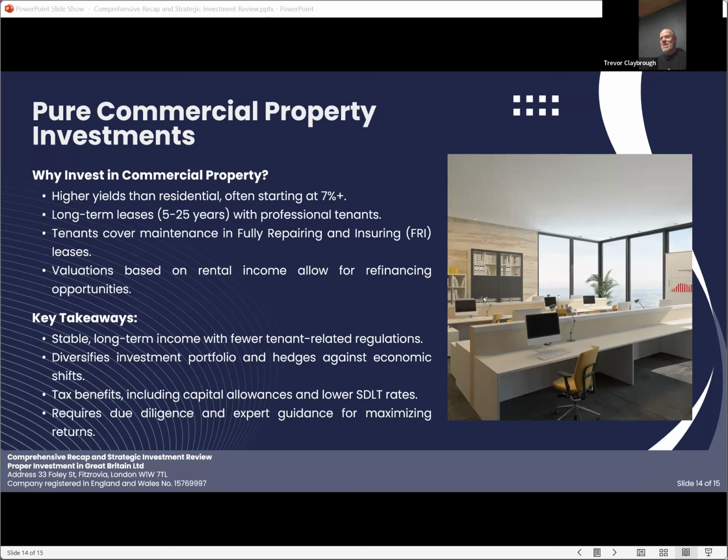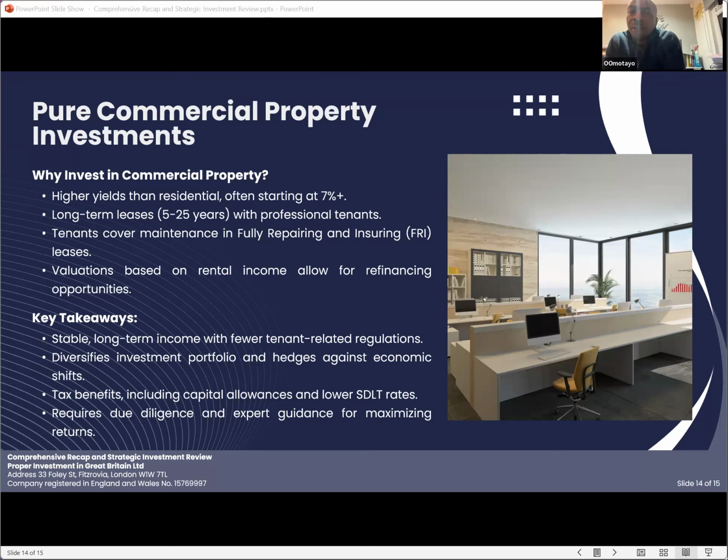And sometimes at the end of the day, it's needed to bite the bullet and make a decision and not hold on to something just for the sake of holding on to it. If it's better to sell and reinvest, but obviously not take those decisions lightly and do a full proper analysis of everything.